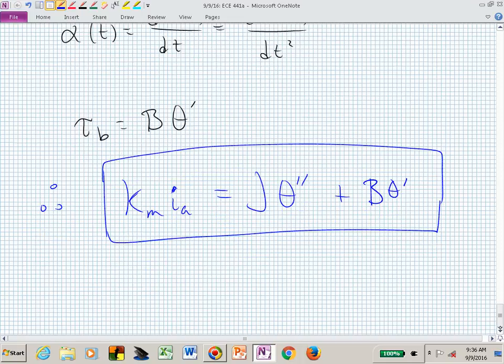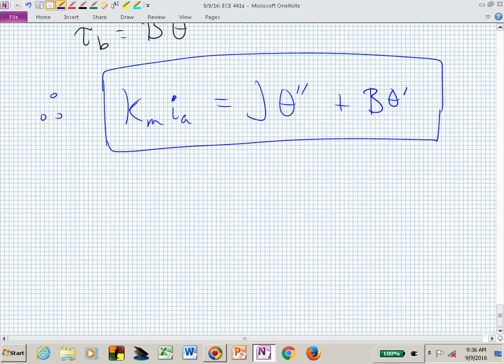And we want a transfer function, so let's now move out of the time domain. This is a time domain relationship that is describing the mechanical side of this electromechanical system.